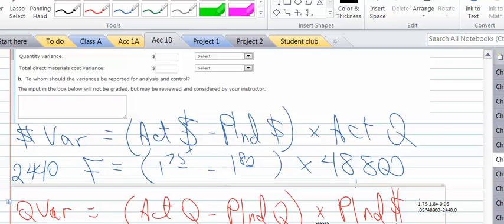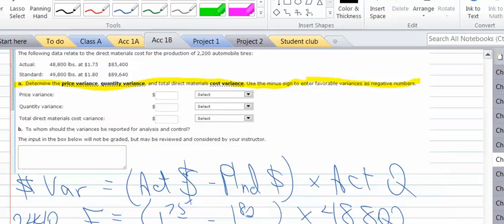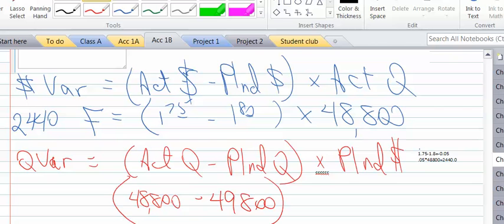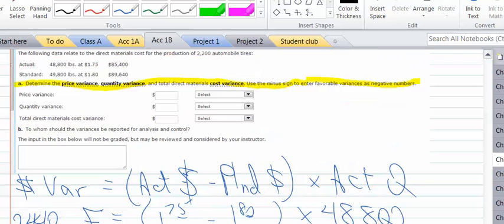So now I can go grab my numbers, the actual quantity and planned quantity. Well, the actual quantity, 48,800, 49,800 for the planned. So I'm going to put those in. My actual, 48,800. Planned was 49,800. Again, my actual quantity is less than my plan, so I know it's going to be a favorable variance. I need to multiply that times my planned price. So I go up.